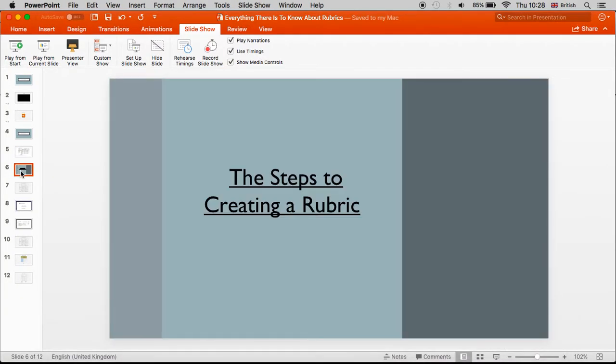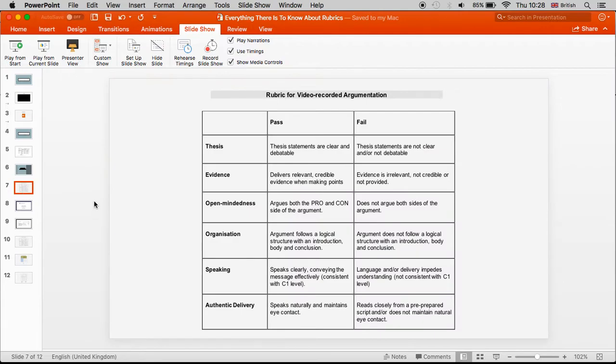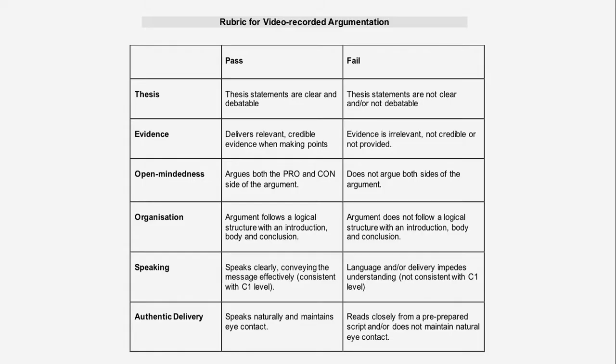And then, in terms of the steps, now this might look sort of familiar. For our program, students had to follow a course called Argumentative Speaking and Writing, academic argumentation.